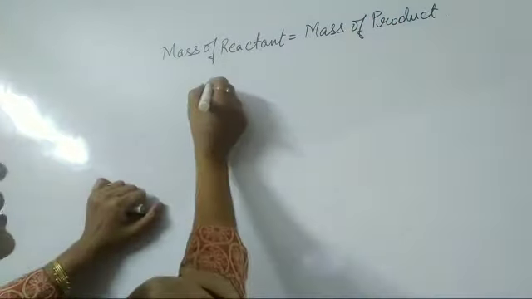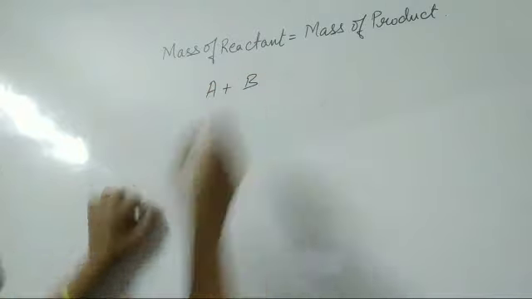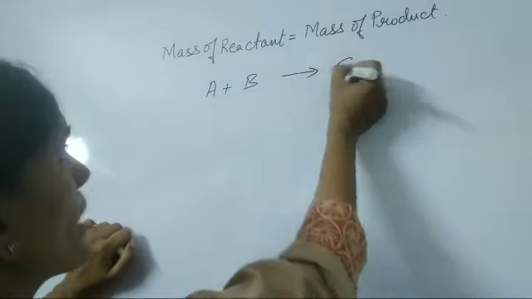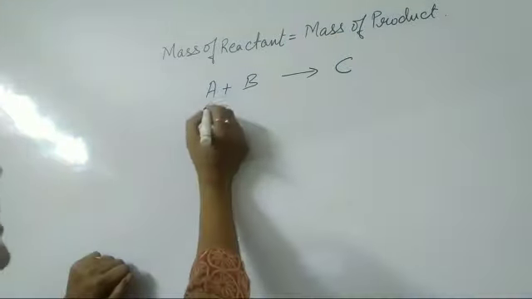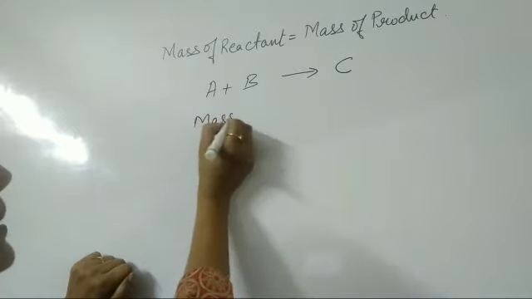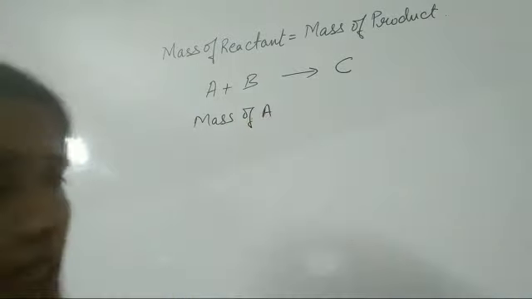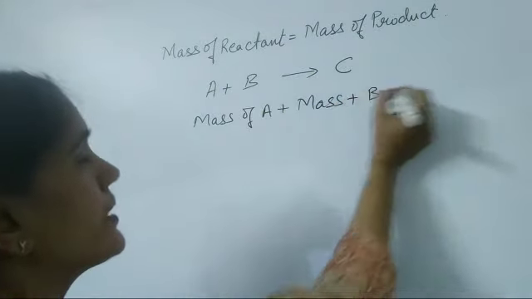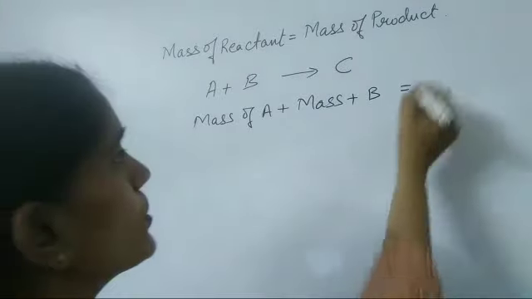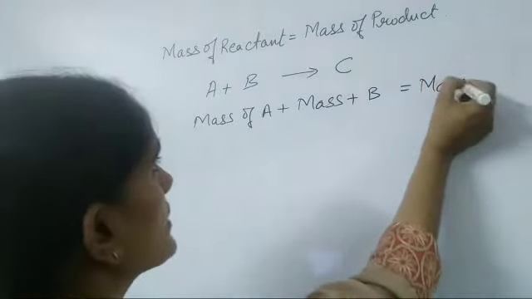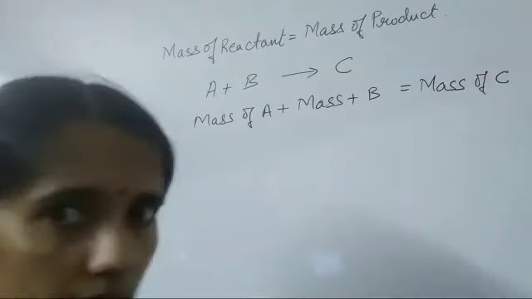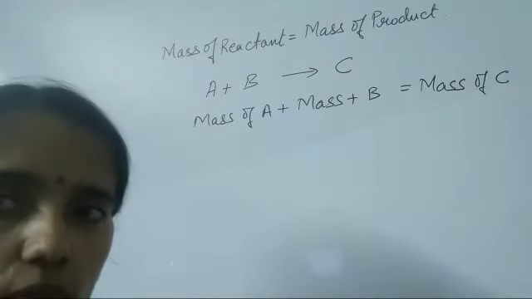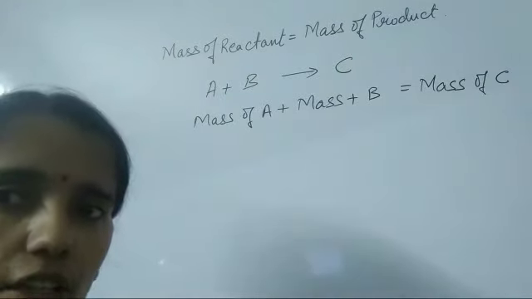So, if A and B are two reactants which combine to form product C, then mass of A plus mass of B will be equal to the mass of product, that is C. Clear? So, mass can neither be created nor destroyed in any chemical reaction.